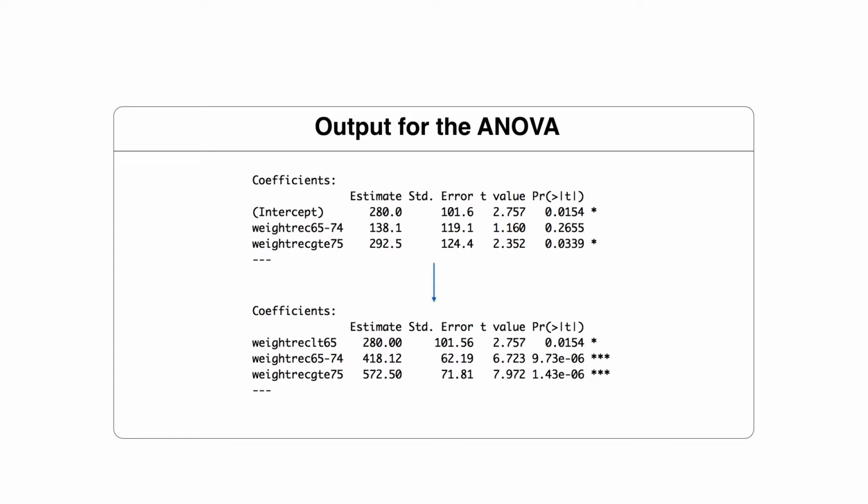What that gave you was that, relative to some sort of a theoretical 0, there was an increment of 138 over there. Doesn't make very intuitive sense, does it? And then the third category was greater than or equal to 75 kilogram category, and you can see that you have to increment by a further 292.